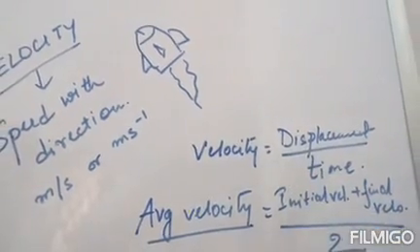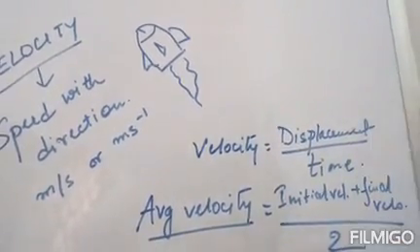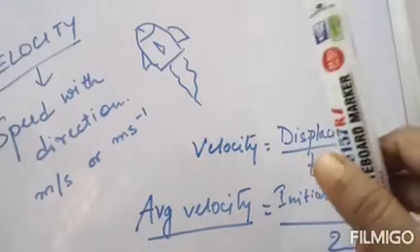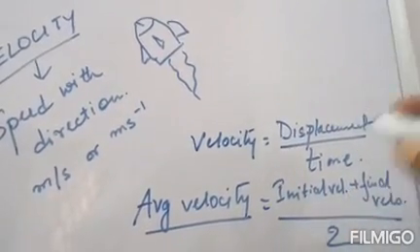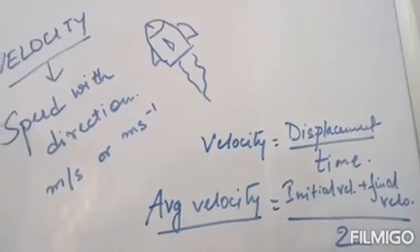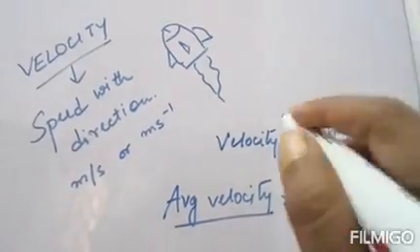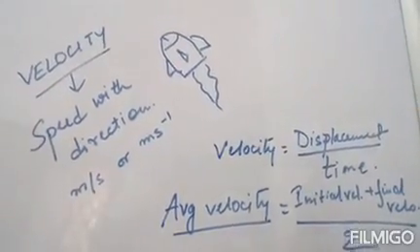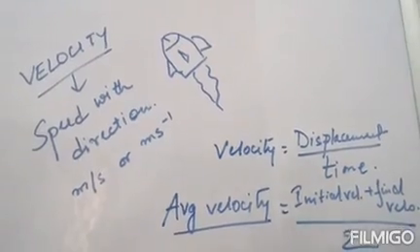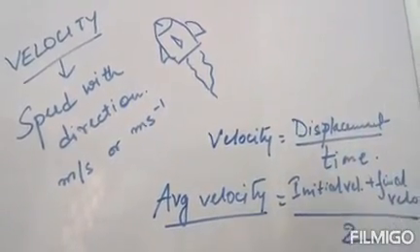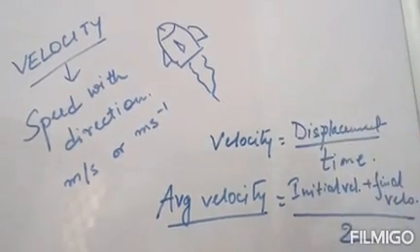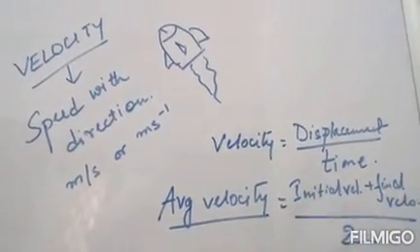displacement by time taken. And what is displacement? Displacement means, from the initial position to the final position, the shortest distance covered. While in distance we only consider the change in position, displacement means from initial position to final position, the shortest distance.